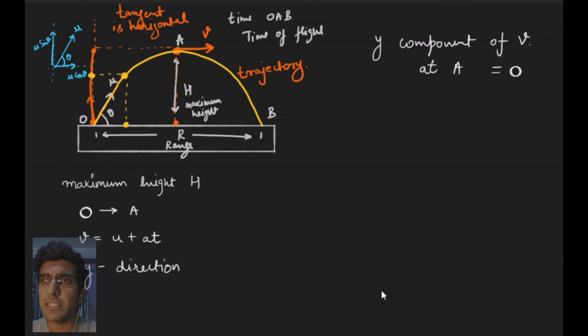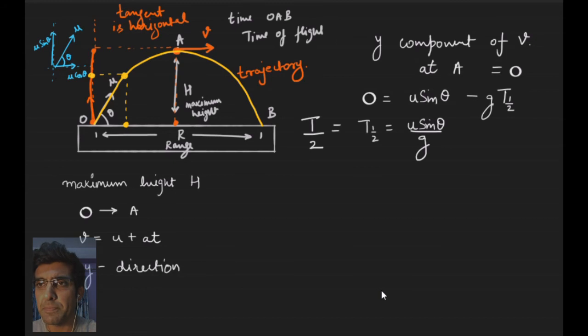At that halt, the y component of the velocity vector is 0. The initial velocity is u sin theta vertically at O, g is the gravitational acceleration downward, and the time t by 2 comes out to be u sin theta by g, which is half of the total time of flight. So the time from O to A and A to B is the same.